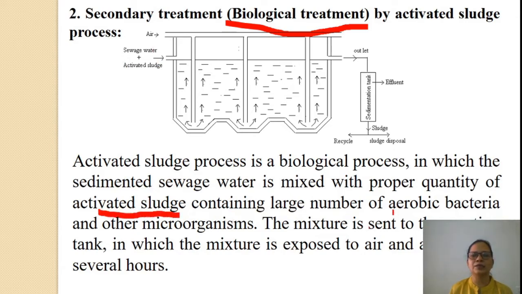It is the sludge containing aerobic bacteria and microorganisms which help in the decomposition of organic matter. Since these aerobic bacteria and microorganisms are involved in this process, the secondary treatment is also called a biological treatment. This mixture is sent into the aeration tank in which the mixture is exposed to air.